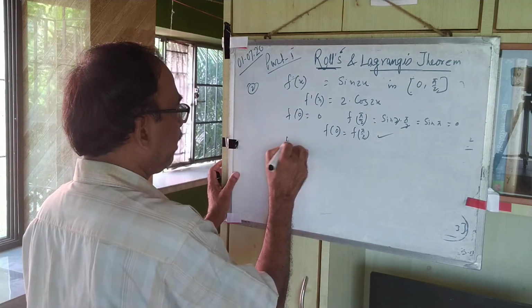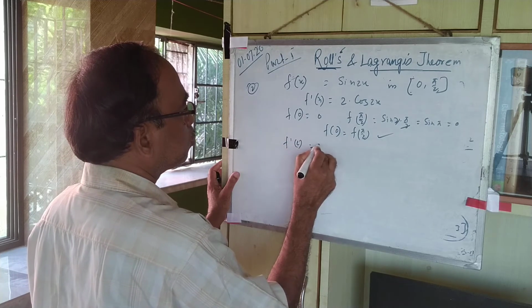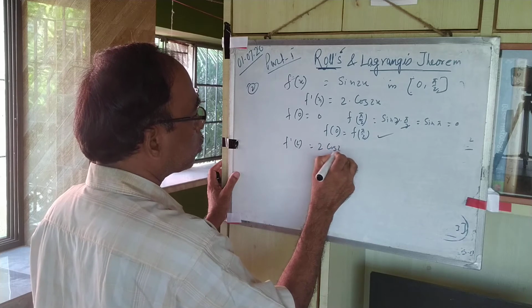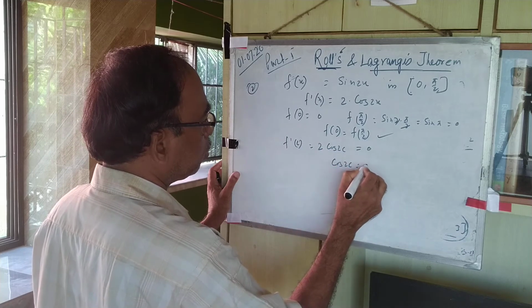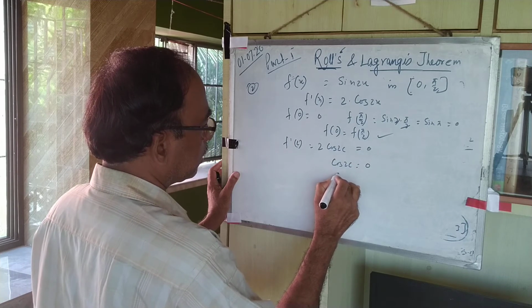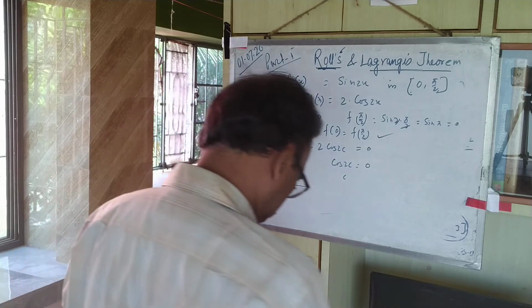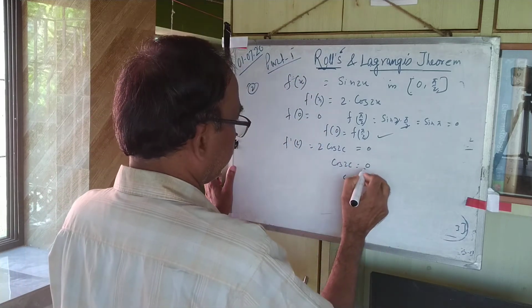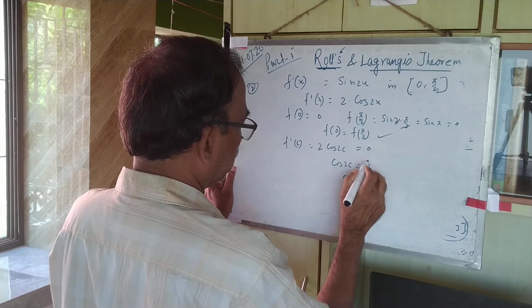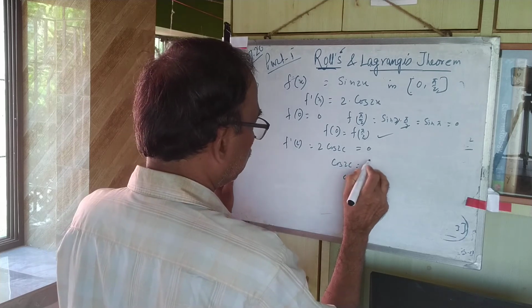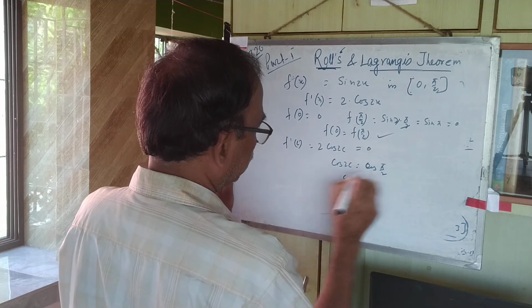Therefore, f dash c equals 2 cos 2c equals 0. That is cos 2c equals 0. Cos pi by 2 is 0.